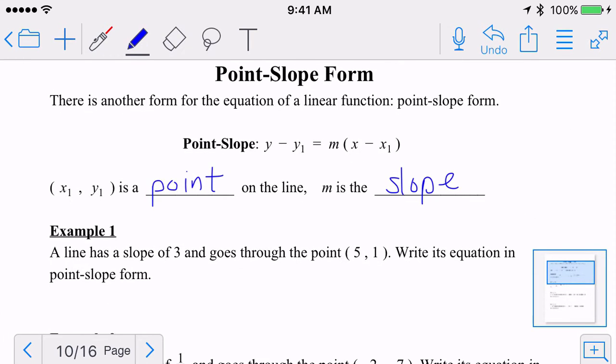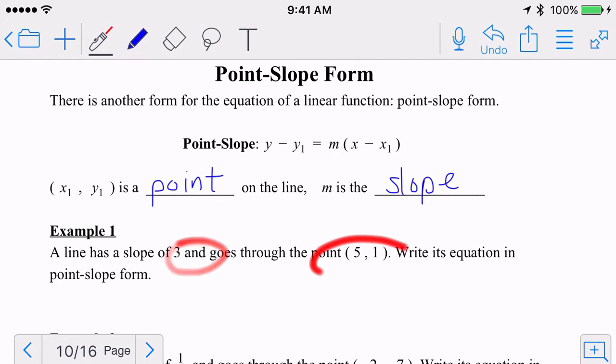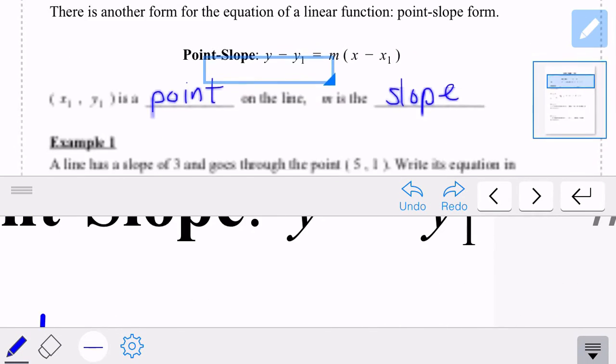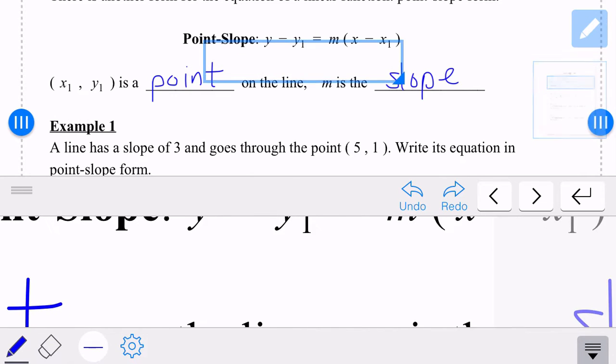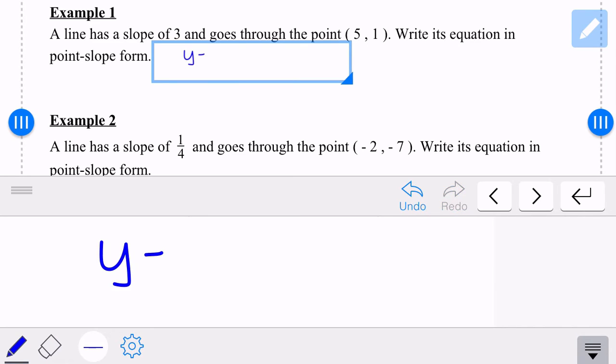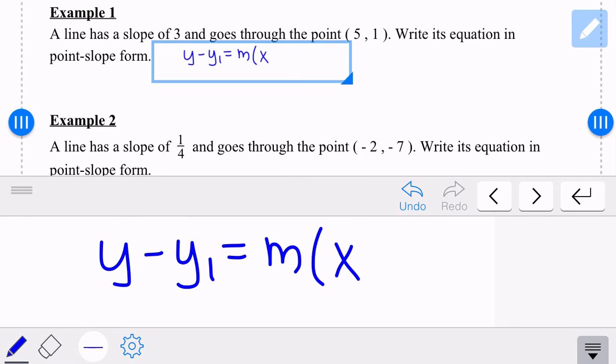So let's look at an example here. We've got a slope of 3, and we're going through the point 5, 1. So we want to put those into our equation for point-slope form. Let's write our equation down again just to make sure. y minus y1 equals m times x minus x1.